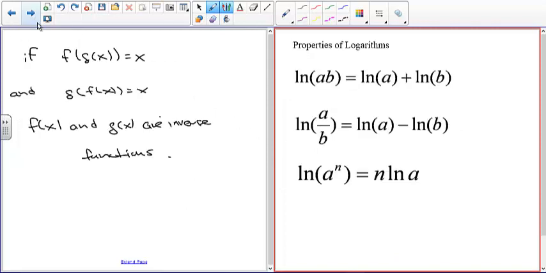So here are the properties of logarithms. These are key things to remember. You can have two numbers, two functions, anything, two things multiplied together. The natural log of two things multiplied together is the natural log of the first term plus the natural log of the second term. This is what a slide rule does.